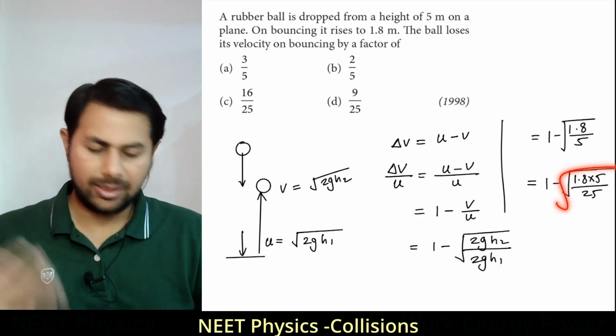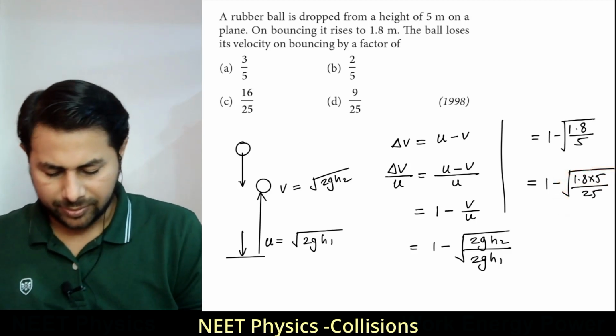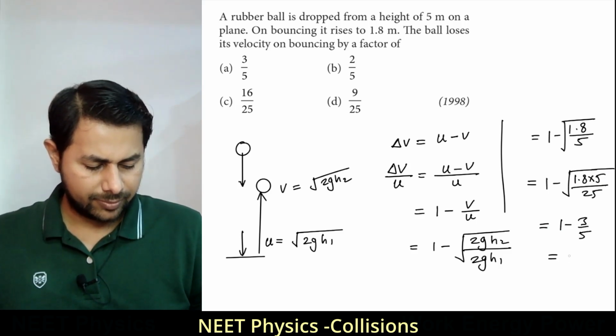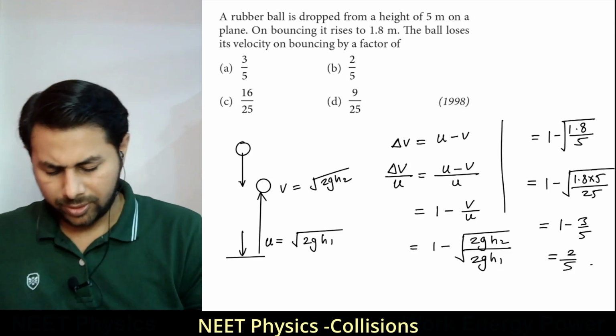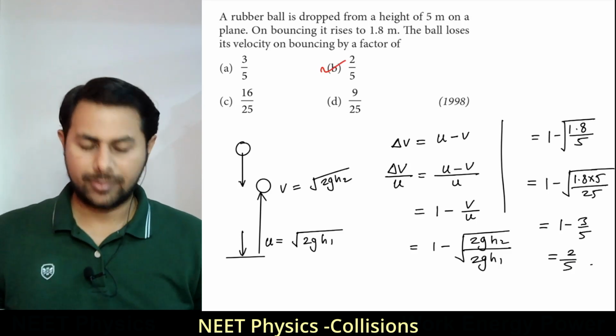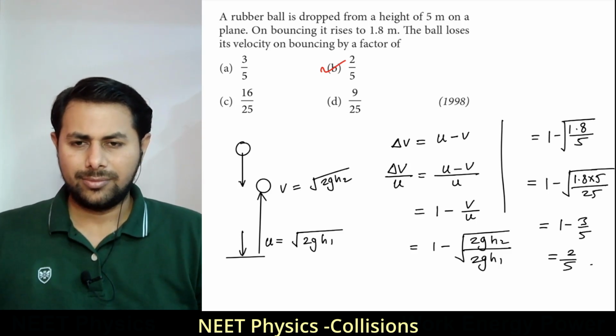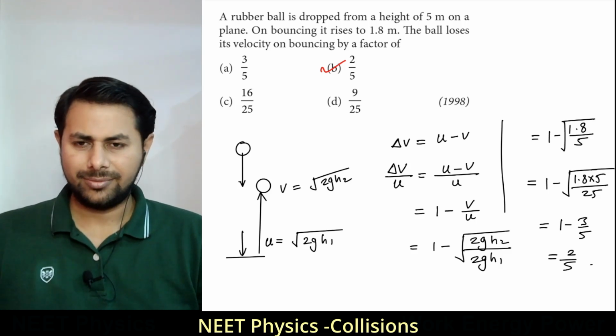The root of that is 3 by 5. So 1 minus 3 by 5, that's the answer. 1 minus 3 by 5 means 2 by 5. So it is option B. Okay, this one is clear. Very simple question, right?